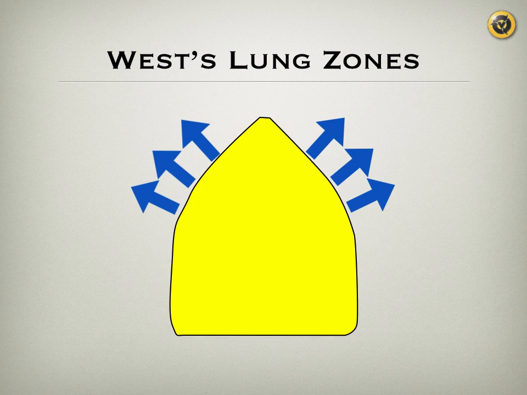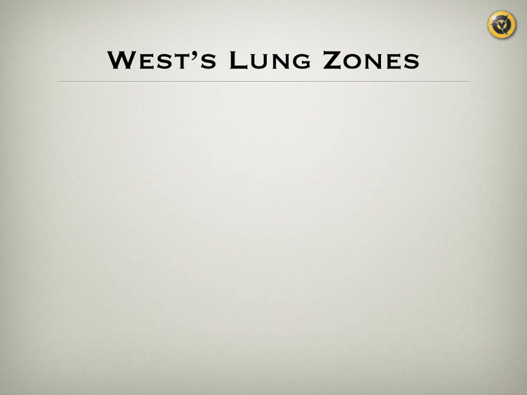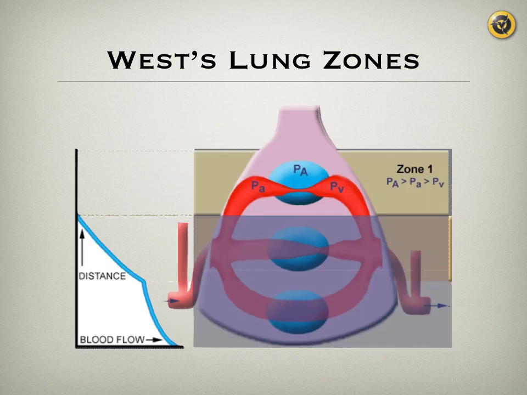So basically the lung is suspended in the thoracic cage. By doing so, you're pulling a lot more on the upper part of the lung and much less on the lower part of the lung than if it was allowed to become a water balloon.